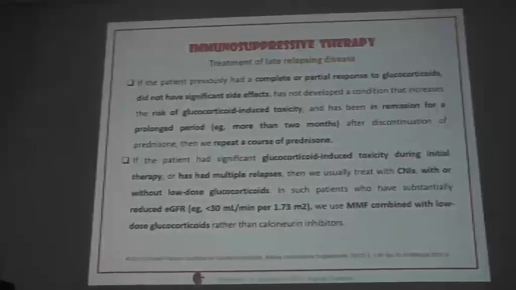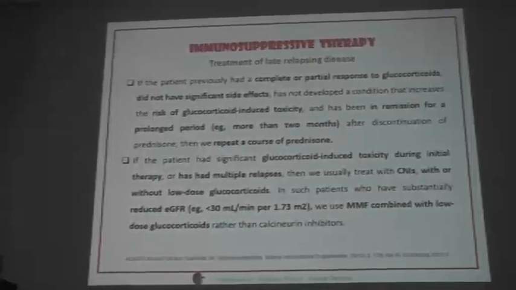How about those patients who relapse after a long time of complete or partial remission? In patients who previously had complete or partial remission with glucocorticoid, who didn't have significant side effects, have not developed a condition that increases the risk of glucocorticoid toxicity, and have been in remission for a long period, more than 2 months after discontinuation of the steroid, we assume to restart or repeat the medication.